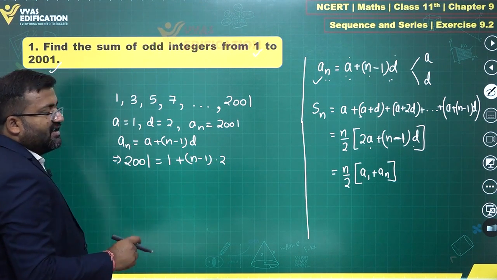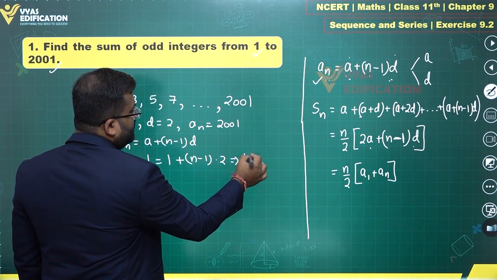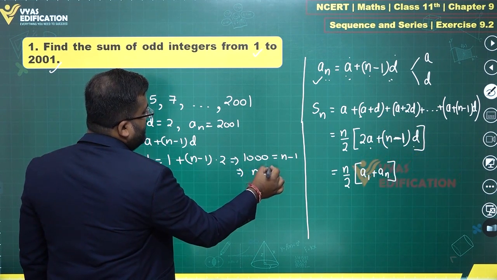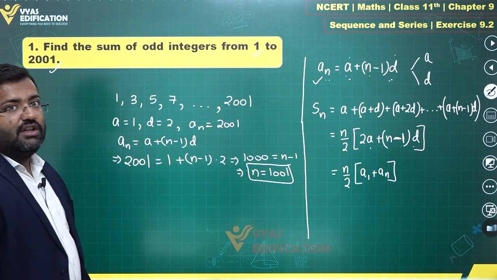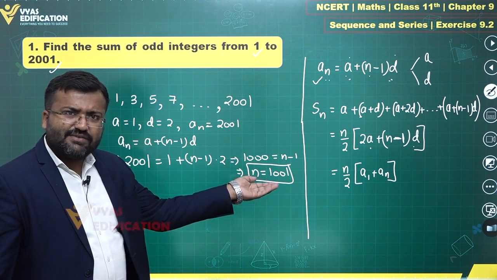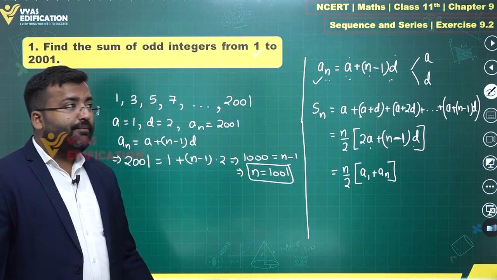So 2001 minus 1 will be 2000, divided by 2 will be 1000. 1000 is equal to n minus 1, and that tells me n is equal to 1001. Have you found n? Yes, we have found n. That's the number of terms in this sequence.